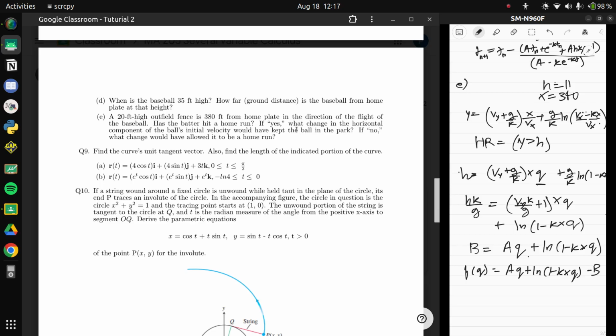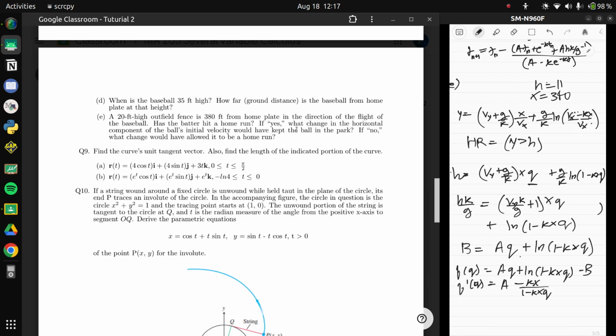So yeah, what's f dash of q? This is going to be a plus, so 1 upon all that, right? Just minus kx upon 1 minus kxq. Yeah, that's the thing. So once again, the same as before. Just set this thing to be equal to 0.